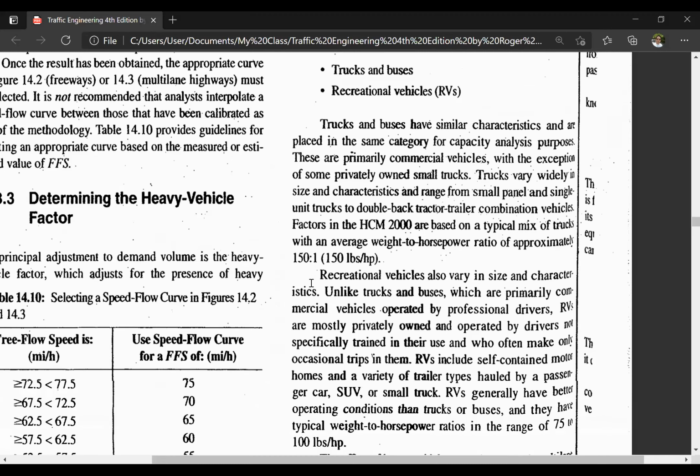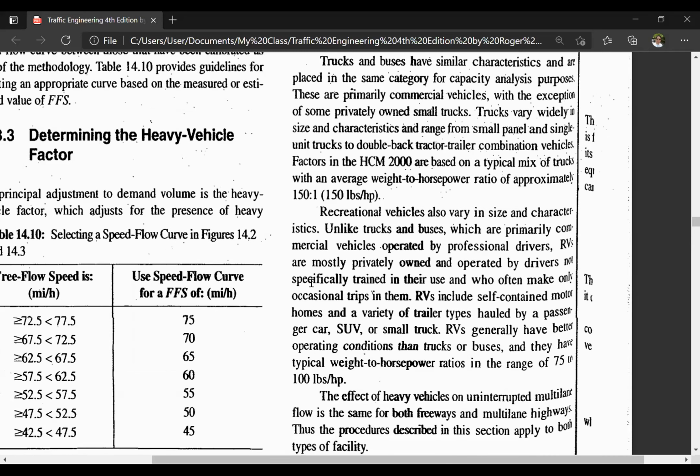But recreational vehicles also vary in size and characteristics. Unlike trucks and buses, which are primarily commercial vehicles operated by professional drivers, RVs are mostly privately owned and operated by drivers that are not specifically trained in their use. That means they are regular drivers, like, as I mentioned, elders who have already retired and want to drive sightseeing around the country.